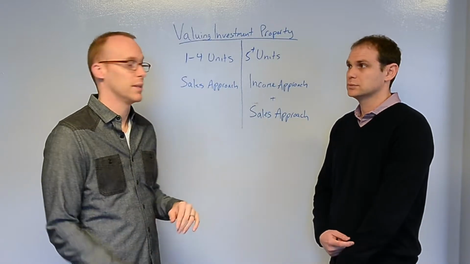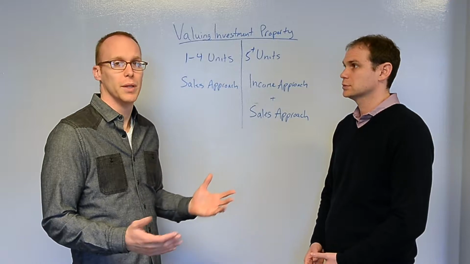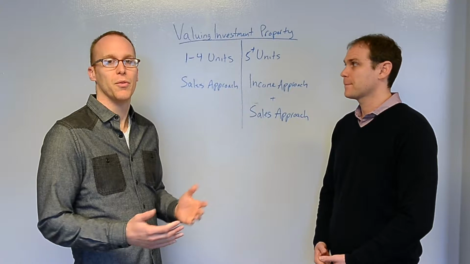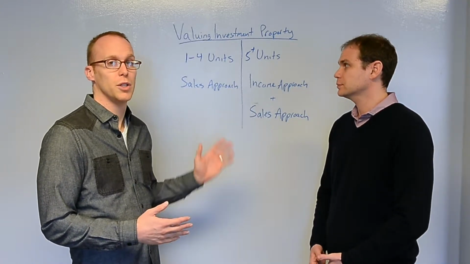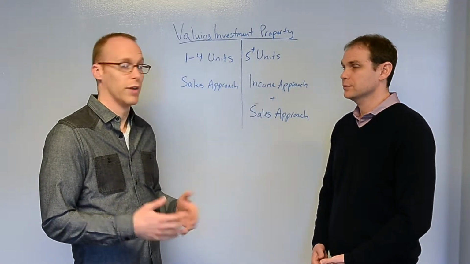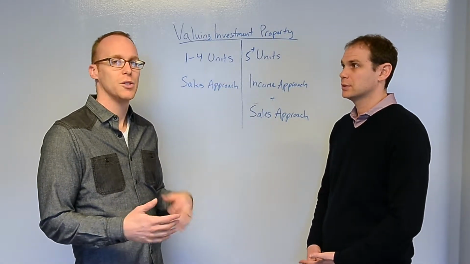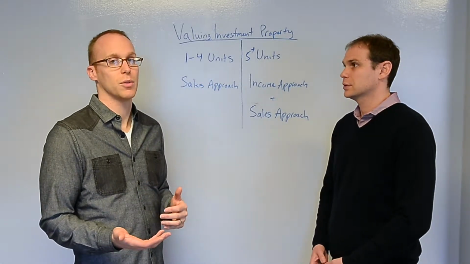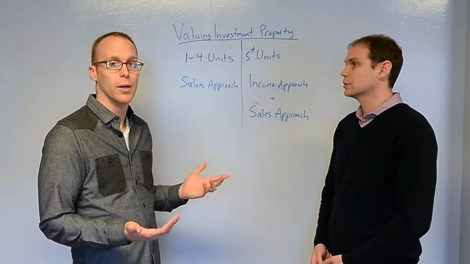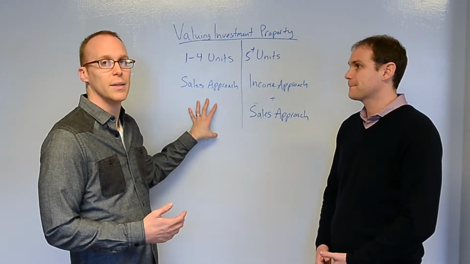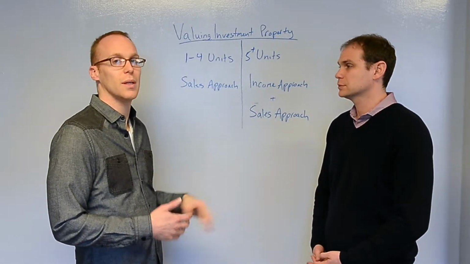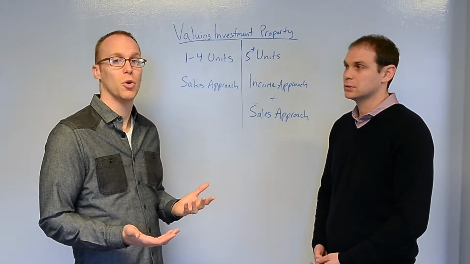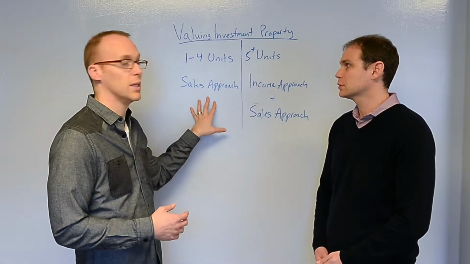Just as an example, let's say there's a 3-unit building that is going to generate $4,000 a month in rent, whereas other 3-unit buildings are generating $2,000 a month in rent, right? That's a significant difference. And so it's easy to think, well, the building that's generating $4,000 a month should be worth more. But on the residential side, they're taking the sales approach, not the income approach. So that's not always accurate, that just because it produces more income is actually going to give you a higher valuation on residential properties.